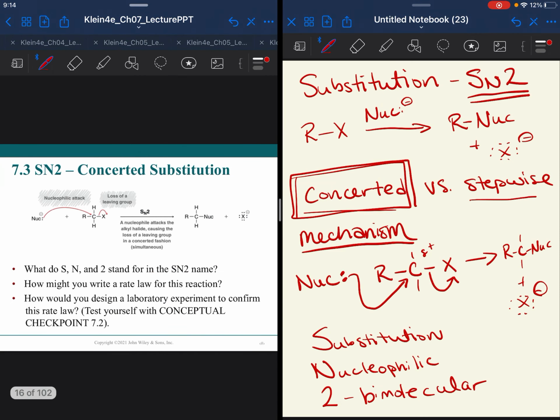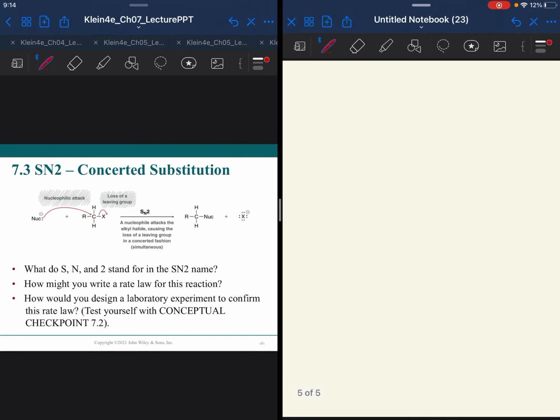How would you design an experiment to confirm this rate law? So what this really comes down to is the bimolecular nature. What I want you to notice is both of these starting materials, the nucleophile and the substrate, are both involved in the rate-determining step.